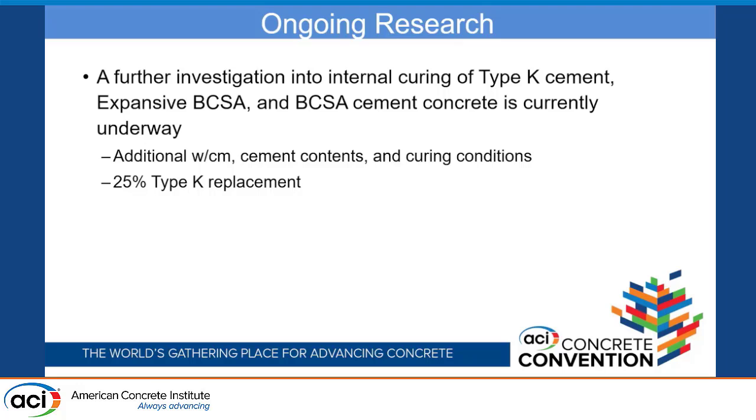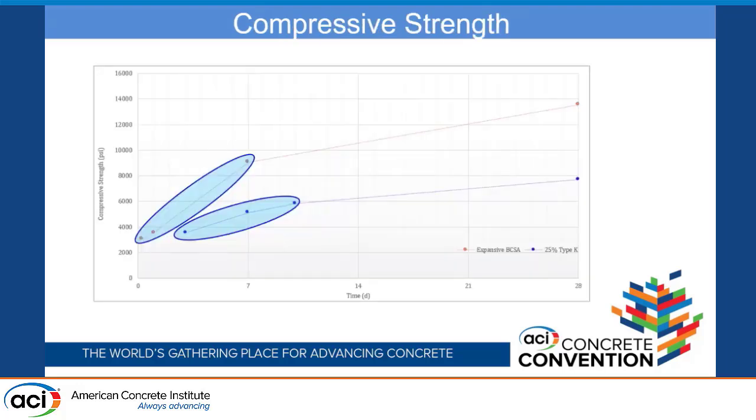We're looking at different water-cement ratios, cement contents, and curing conditions along with the internal curing. We're also looking at a higher percentage of replacement with type K. In that previous work, we had a 15% replacement. We're moving up to a 25% replacement, which will lead to a larger expansion and will make the impacts potentially of internal curing more obvious.